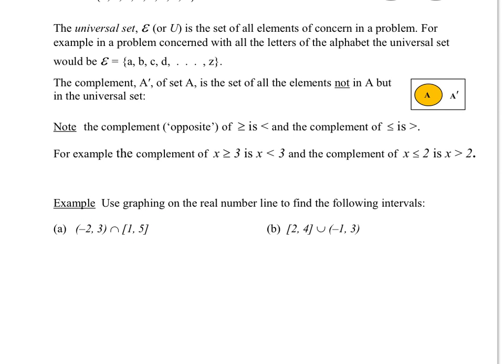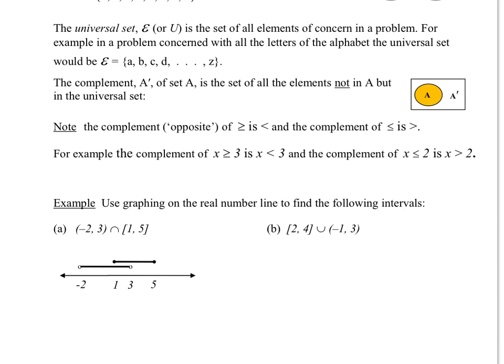Now if we try to make a drawing of that, a drawing would start off looking something like this. So you've got your -2, 3 here being this line, and you've got your 1 up to 5 being this line. Now where do you have to be in order to be in both? You've got to be right in here. You've got to be between the 1 and the 3. That's the only place where you can be in both sets.